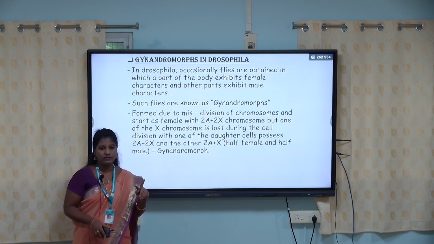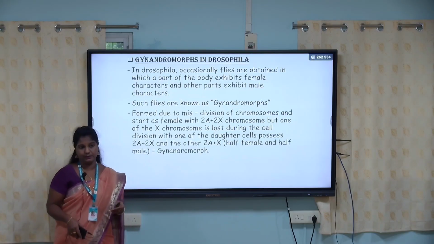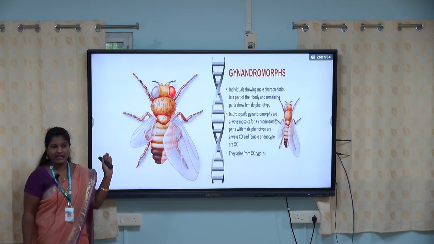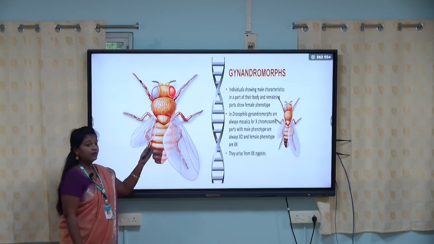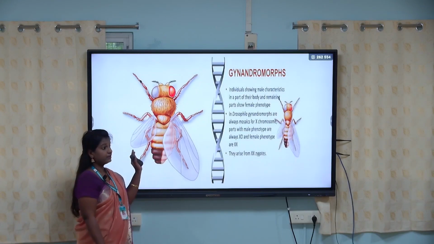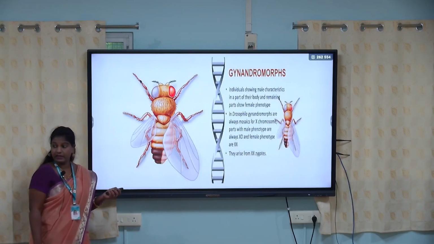So in the same Drosophila, one side will exhibit female characters and the other side will exhibit male characters, which is known as a gynandromorph. This is the picture of a gynandromorph Drosophila, in which one side exhibits female features and the other side exhibits male characters.